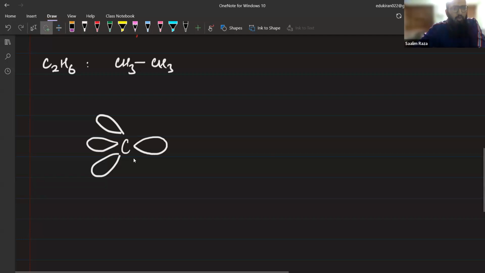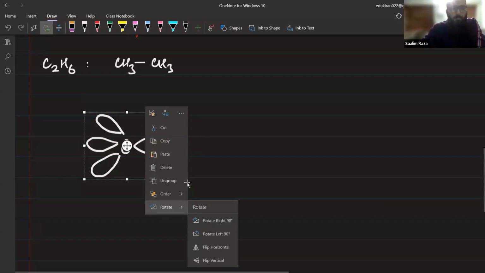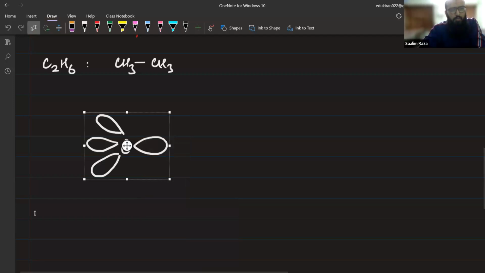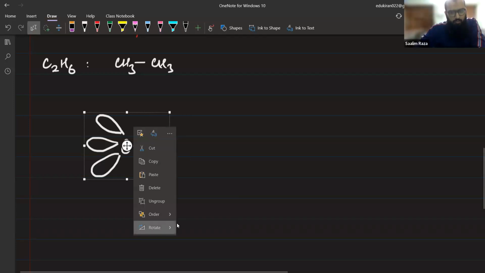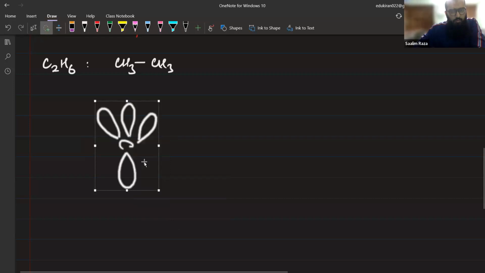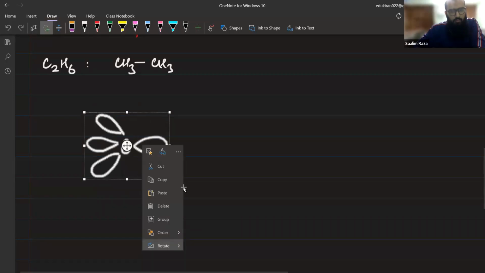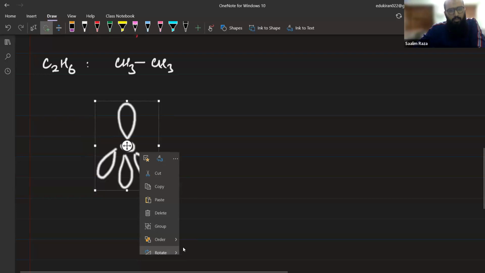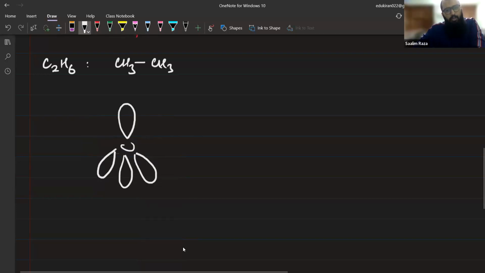If you rotate it 90 degrees, then you can easily see that this is tetrahedral only, okay? You can see it like this. This is tetrahedral only, okay?